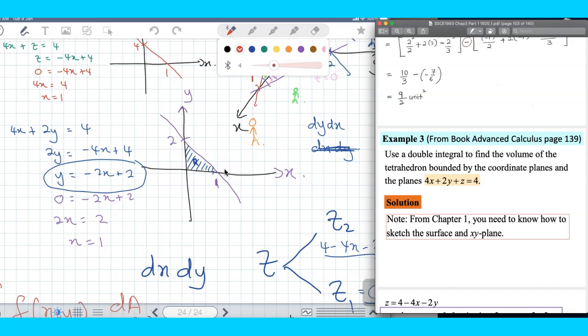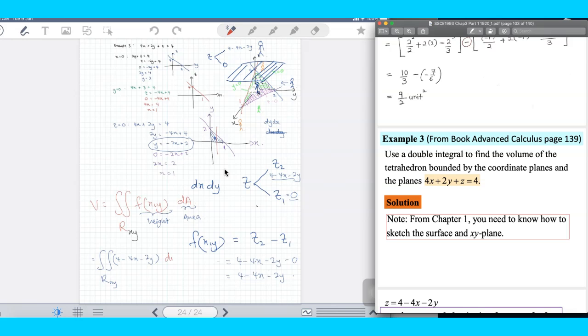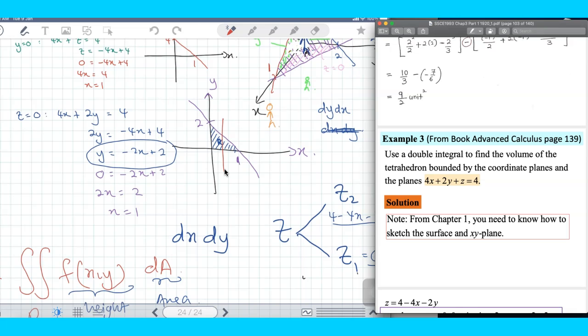Okay, so I'm choosing x constant, which means that I have to provide the vertical line to guide me to determine the correct limits of x and y. Since I'm choosing dy dx, here I put dy dx. Now we want to obtain the limit of x and the limit of y. Based on this line, x is between 0 and 1, and y has a lower bound and an upper bound.